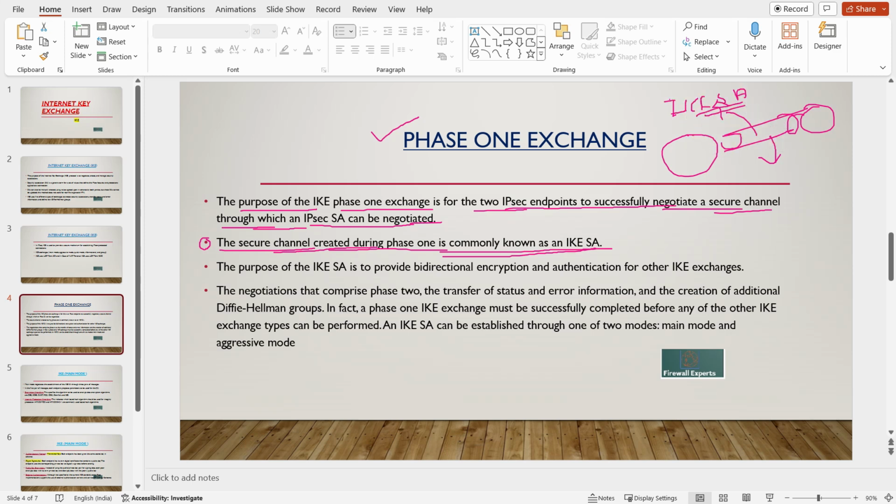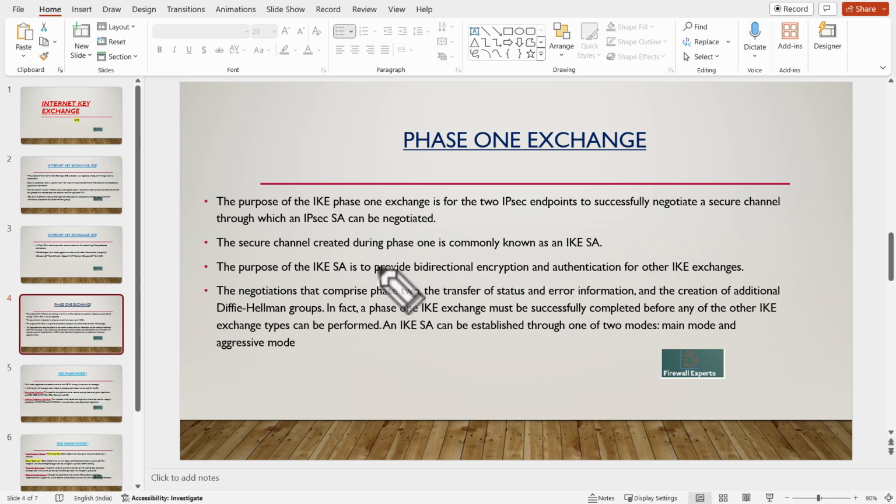The purpose of the IKE SA is to provide bidirectional encryption and authentication for IKE exchanges between both parties.